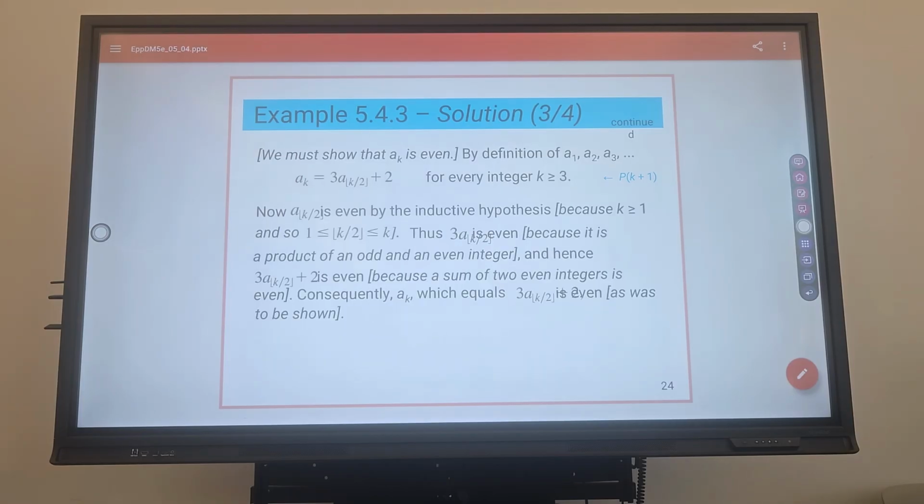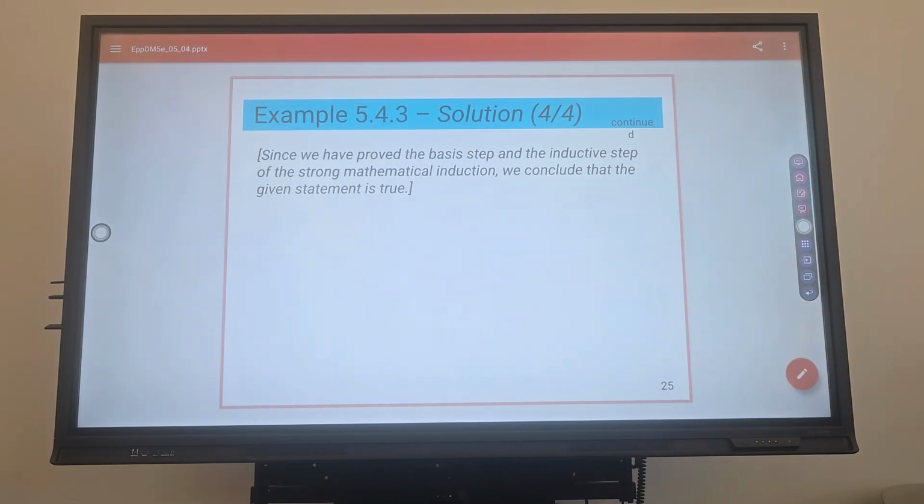So A sub k, which equals 3A sub the floor of k over 2 plus 2, is even, as was to be shown. So we can conclude that the given statement is true.